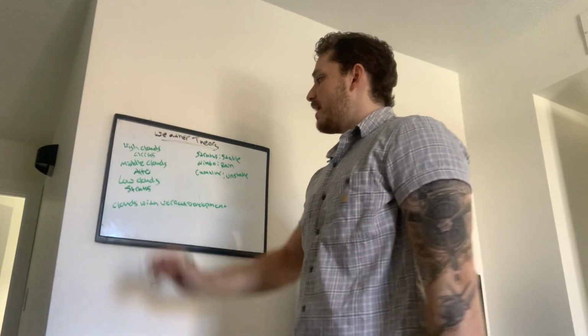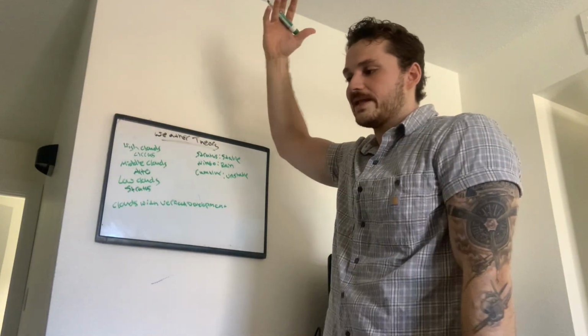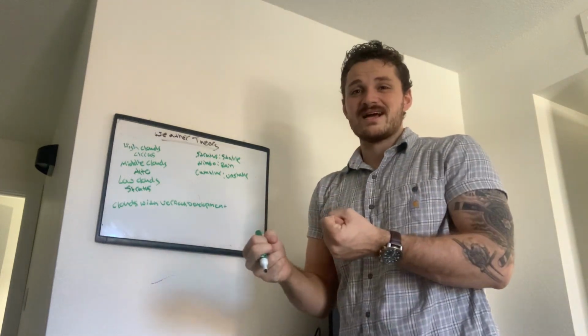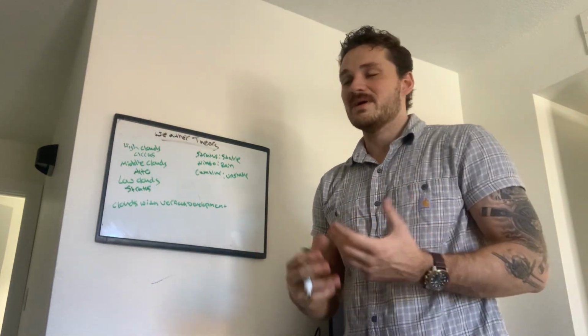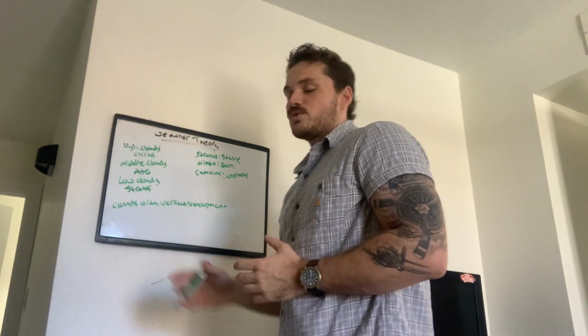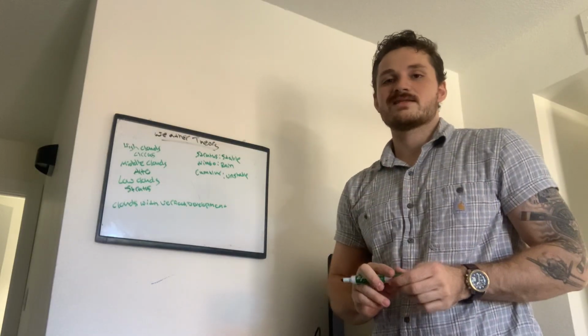And then we have clouds of vertical development. You kind of imagine these huge clouds, thunderstorms. There could be thunderstorms that live inside of these clouds and they're embedded so you can't actually see them. So we really want to understand whenever we have any sort of vertical development with clouds, that there is some sort of instability going on.